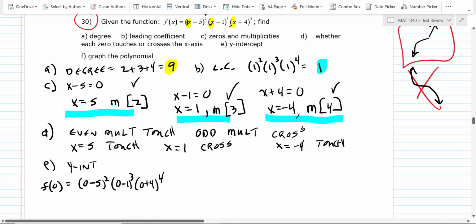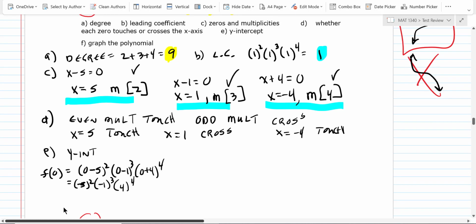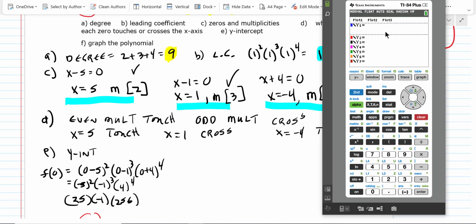I'll go back to the original problem. That gives negative 5 to the second times negative 1 to the third times 4 to the fourth. That ends up being 25 times negative 1, and 4 to the fourth is 256. You can use the calculator on the whole thing if you want, and you'll see it on your graph anyway, since you'll have your graphing calculator.